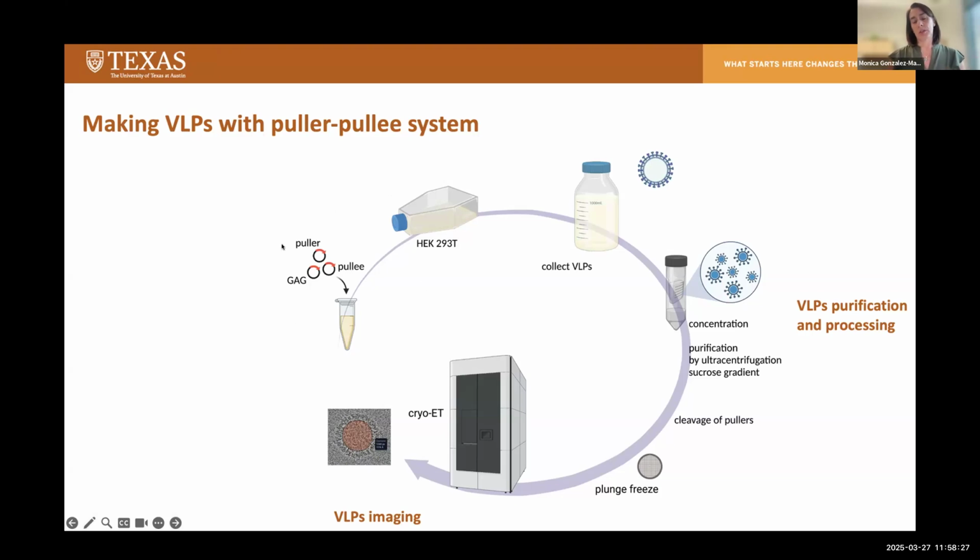After we found the ideal transfection ratio, expressing in HEK293T cells, we collected from the media all the VLPs that were released. Then, after a few steps of concentration and ultracentrifugation to purify those vesicles, we imaged them by cryo-EM.